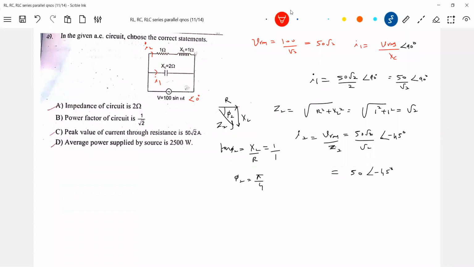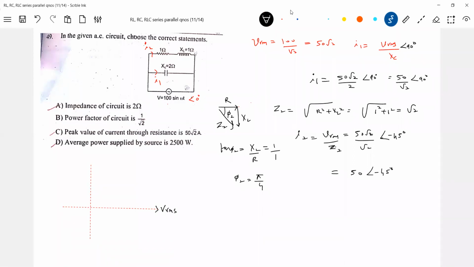Again, just a rough diagram I'm putting here. Now everything we have to include in one phasor diagram. The original phasor diagram is what we'll go for here. What is the reference? VRMS is 0 phase. I'll start with this.